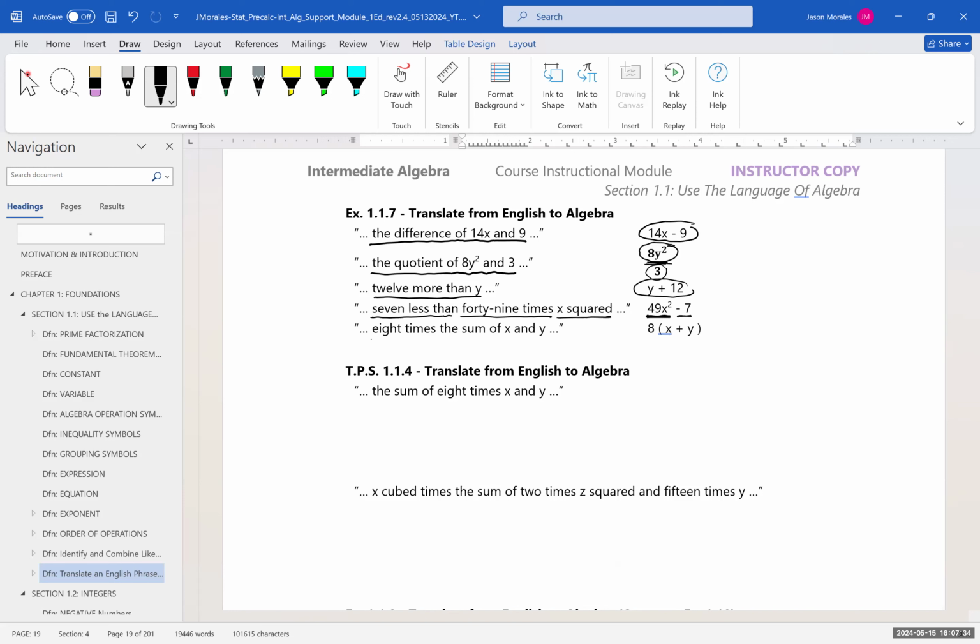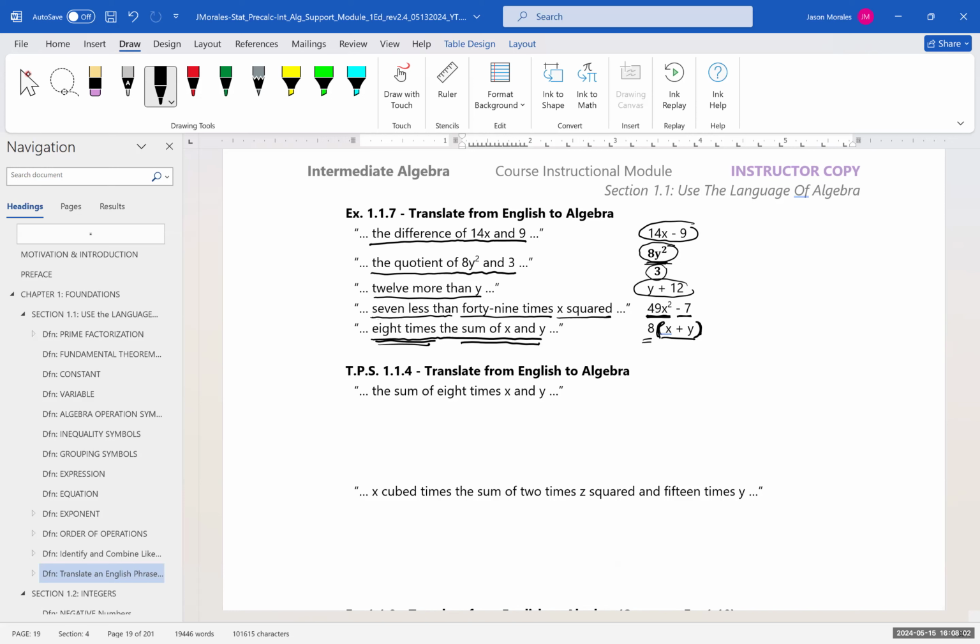And here's another example, 8 times the sum of x and y. What they're implying here is that first you do the sum of x and y, and you put grouping symbols, parentheses, around it, and then you multiply that sum by 8.